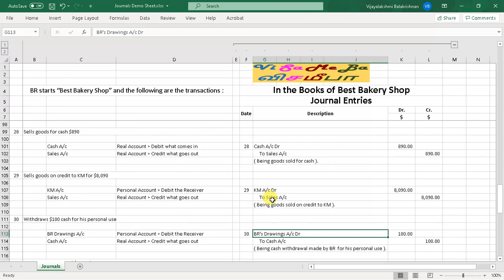But for the time being, as a journal entry, we have to have an account separate to BR's capital account. So this which he withdraws for his personal use is named as BR's withdrawings or drawings account. So BR's drawings account, debit the receiver. And what is going out of the business? Cash is going out. So to cash account, $100 being cash withdrawal made by BR for his personal use.